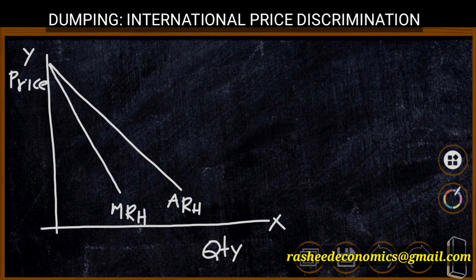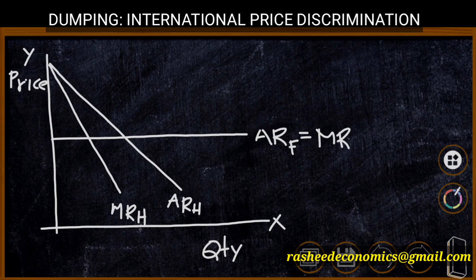Now we are going to draw the demand curve of the international market. In the international market, the monopolist is competing with other firms. Therefore, there is perfect competition, and we have an average revenue curve which is parallel to the x-axis, and the average revenue of the foreign market equals the marginal revenue of the foreign market. This is the final demand curve faced by the monopolist from the international market.